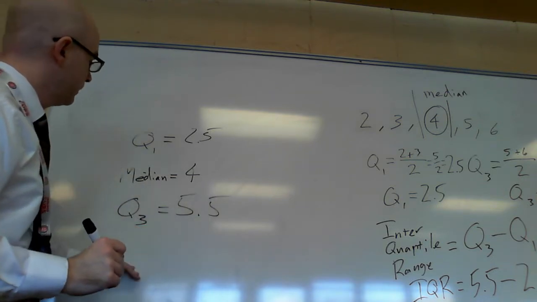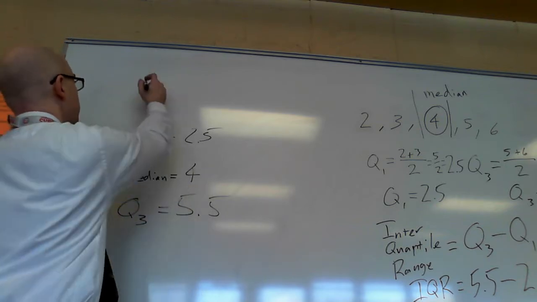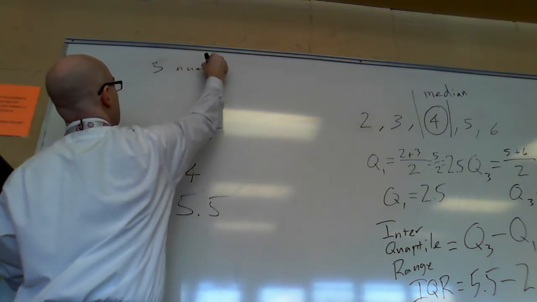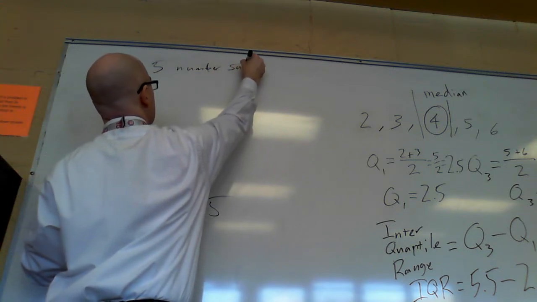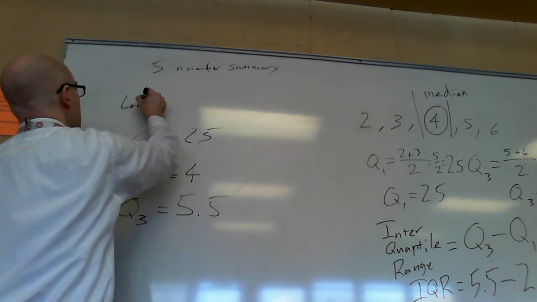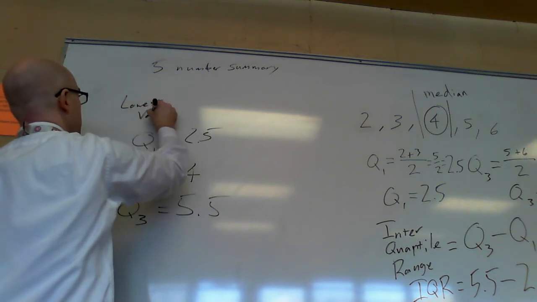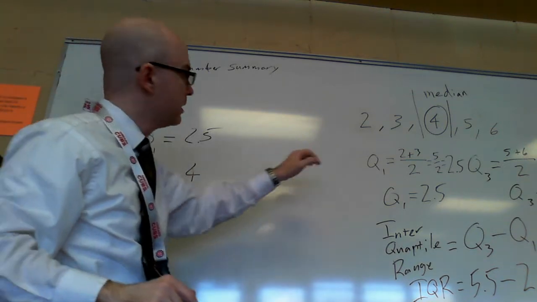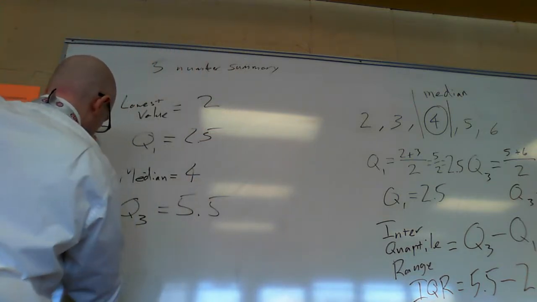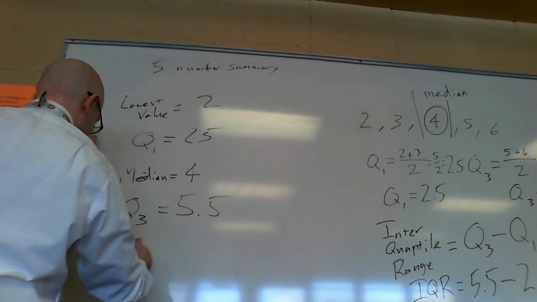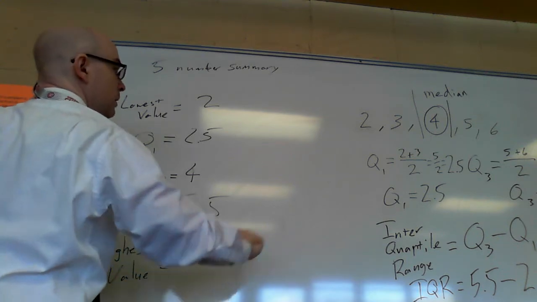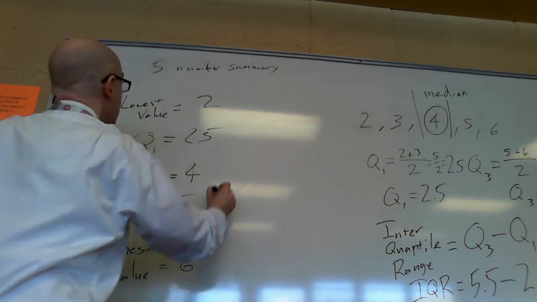And our first and fifth, there's some spots open. So the first spot in our 5-number summary is going to be your lowest value. In this case, we see that as 2. Similarly, the last number in our 5-number summary is going to be our highest value, which, so you can see, is 6.